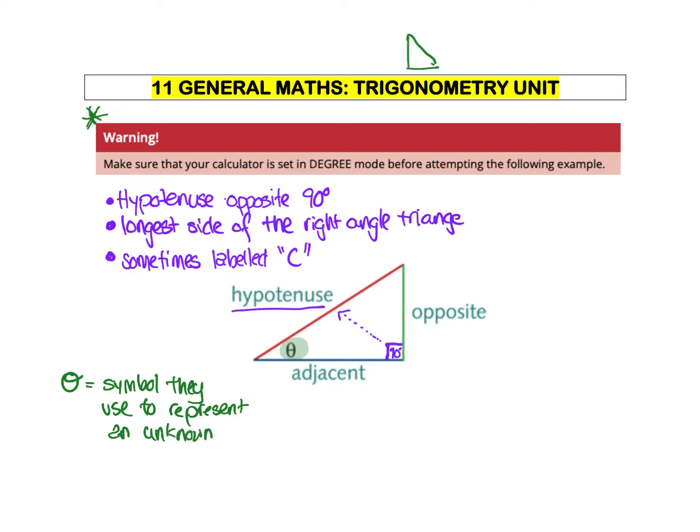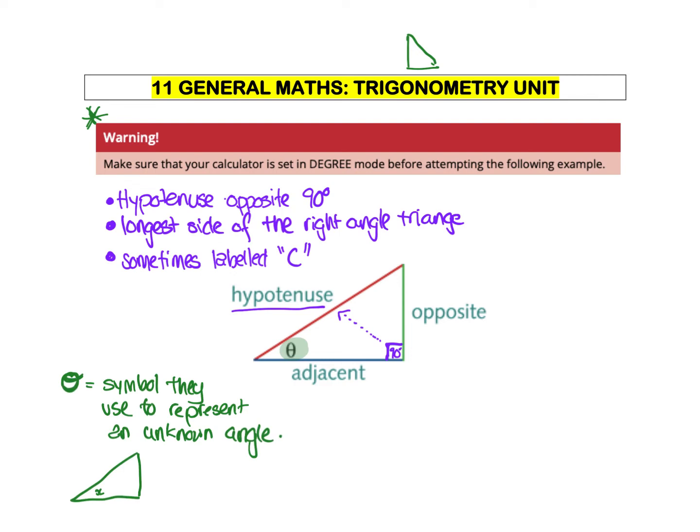If they haven't written what it is, but they just put that little symbol, it's an angle. Sometimes they might use X as well. So sometimes we might see this and they might put X, but often that's the symbol for angle, so that's why it's used a lot. It's just that circle with the line going through it, just so you're aware.